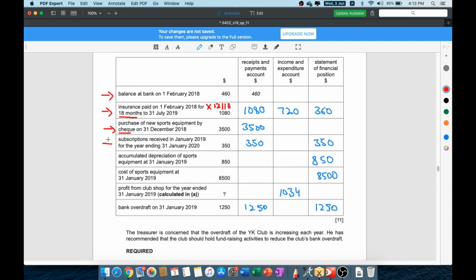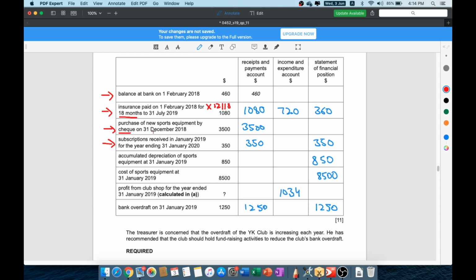All right. Subscriptions received in January 2019 for the year ending 31st January 2020. So subscriptions again are an asset for the club. He's saying that subscriptions received in January 2019, so we received them. That means subscriptions are always received in the form of cash.